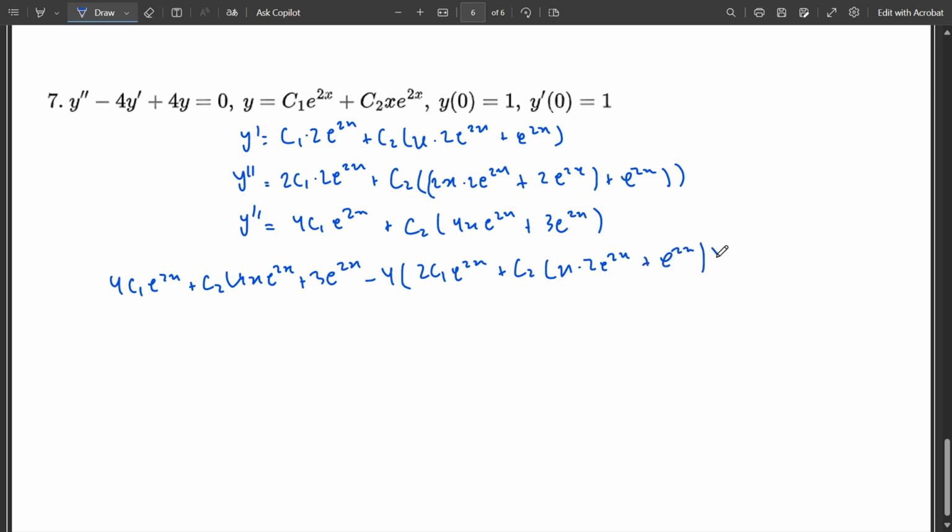Okay, and let's just simplify this first. Minus 4 times (2c1 e to the 2x plus c2 (2x e to the 2x plus e to the 2x)).